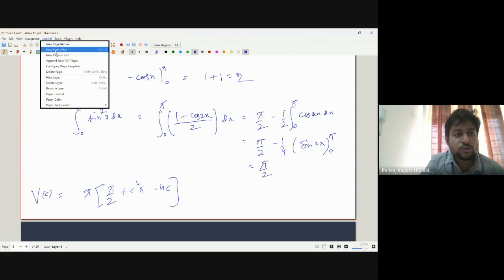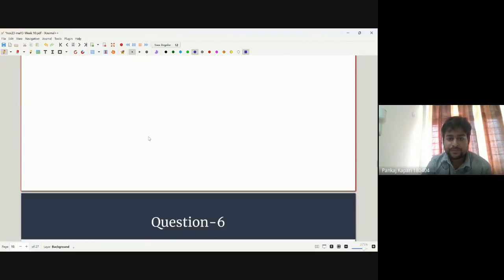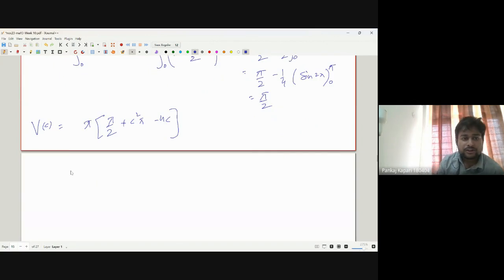Now we want to minimize this volume, because our aim was to find the minimum volume and see where it is minimum. For that you have to find the critical points of this equation.